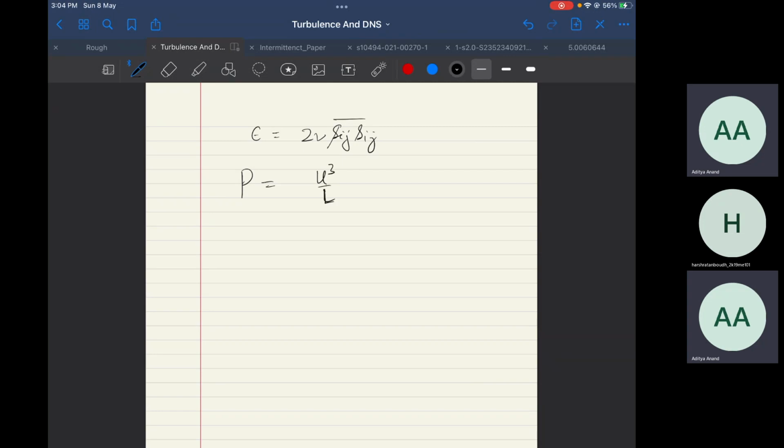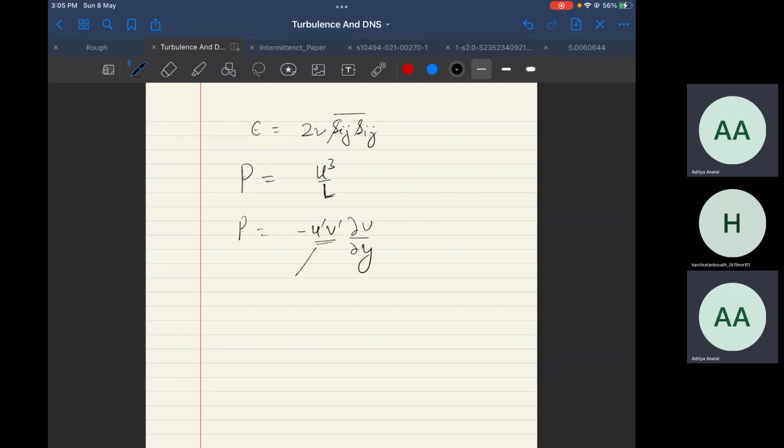Why U cube by L? Because the production is minus U prime V prime del U by del Y. U prime and V prime are all of the order of U, and Y would be of the order of L. So dimensionally, this would be of the order of U cube by L. And the dissipation: all the energy being produced is transferred through the inertial sub range to dissipation scales, where it is dissipated at small scales.